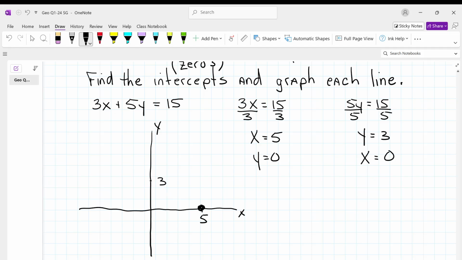And then we connect the points. So that line is the graph of 3x plus 5y equals 15.